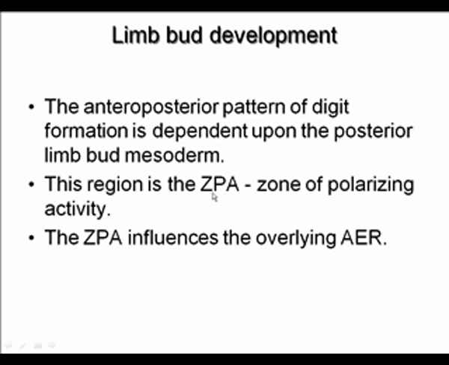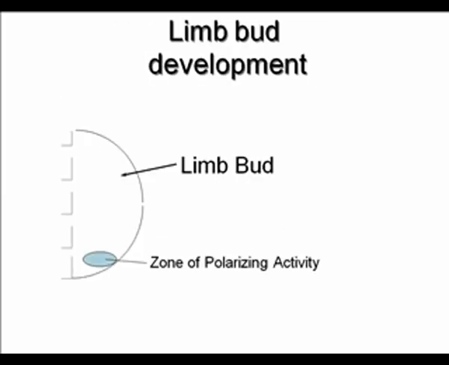This zone of polarizing activity is located in the posterior part of the limb bud. Again, if we go back to some of the classic experiments that were done on limb, what was found was there was this area called the ZPA, zone of polarizing activity. If it was present, normal digits would appear.